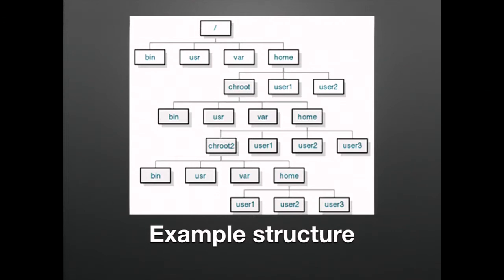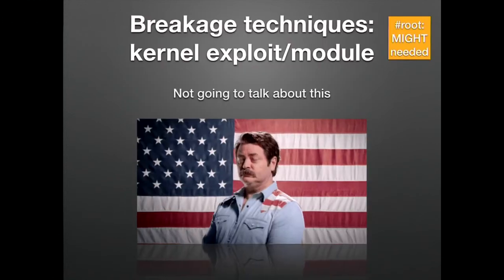But on FreeBSD, if you break out from this environment, you can only access this one, because it stores the root entries in a linked list. So your process will be stopped here and not only here. That's the main difference between the operating systems.